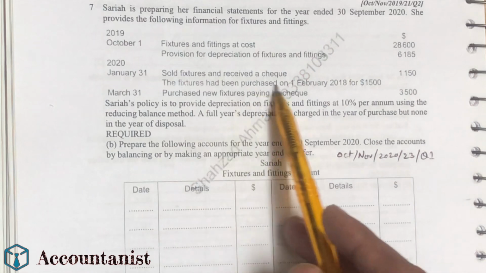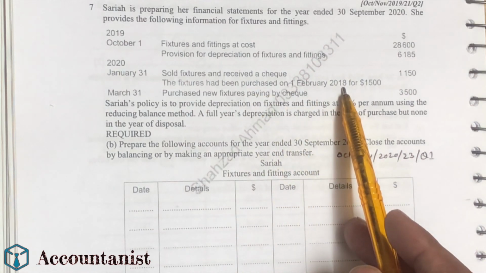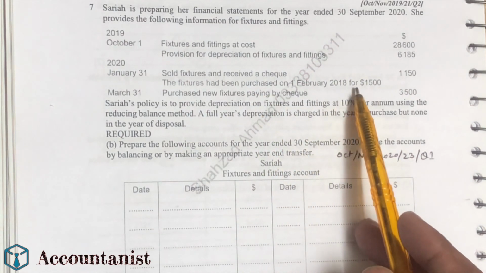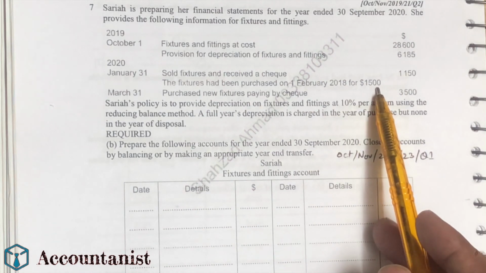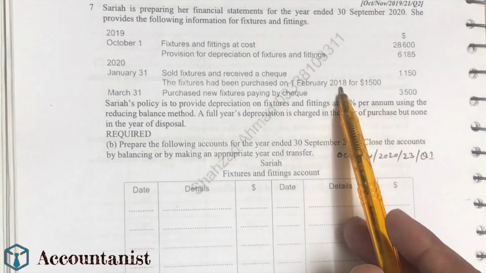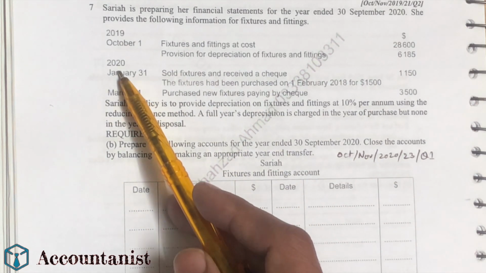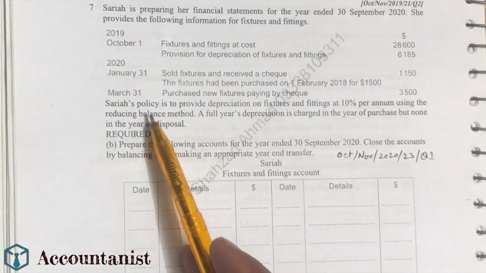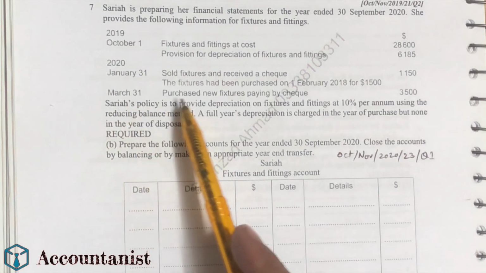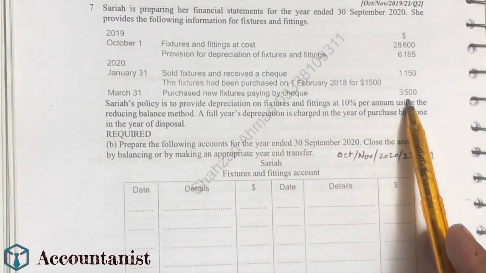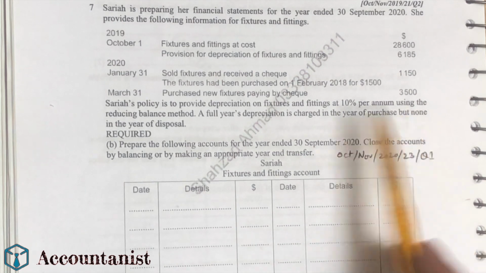The fixture had been purchased on 1st February 2018 for 1500. So we purchased this fixture on 1st February 2018 and sold it on 31st January 2020. On 31st March, she purchased a new fixture, paying by check 3500.